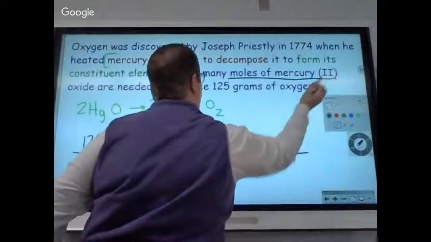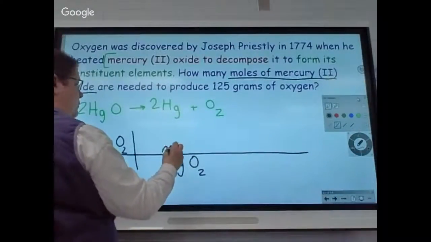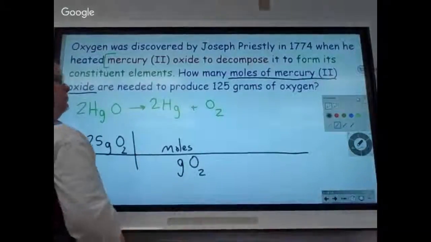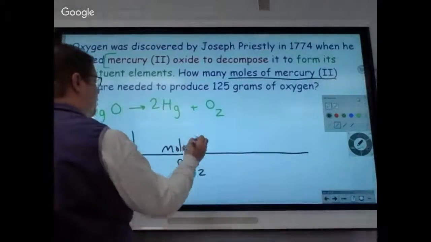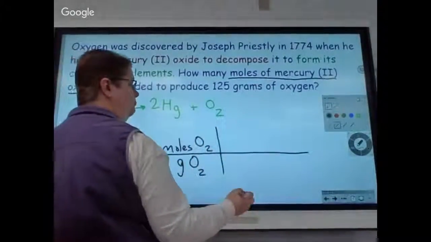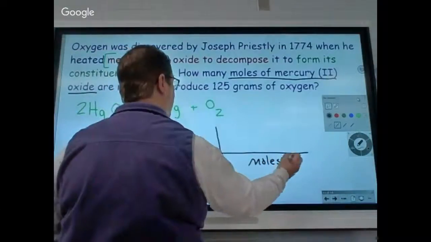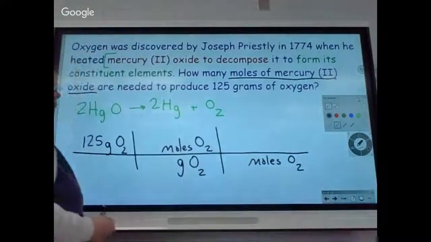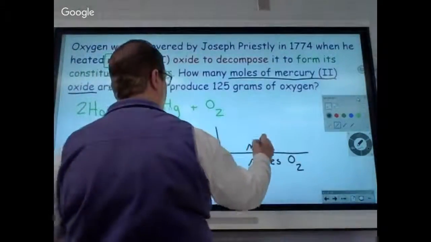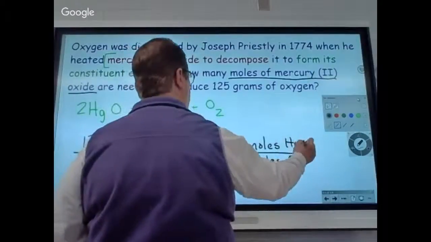Yes, so we have to go to moles. But can we change it here? No. So what are we going to put on the top? O2, because we can't change it yet. What goes on the bottom? Moles of oxygen. What goes on the top now? Moles of mercury, moles of whatever we want. They wanted HgO.